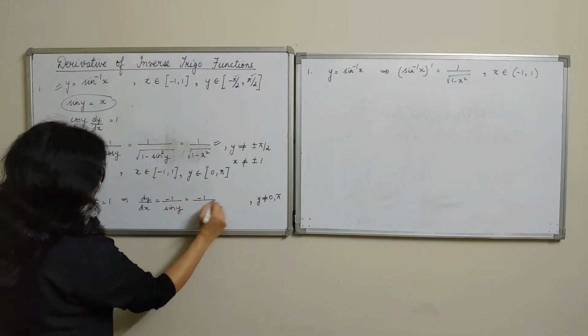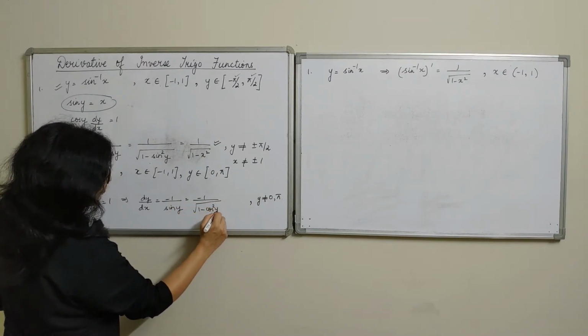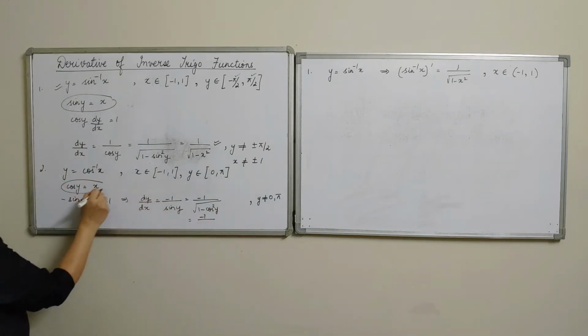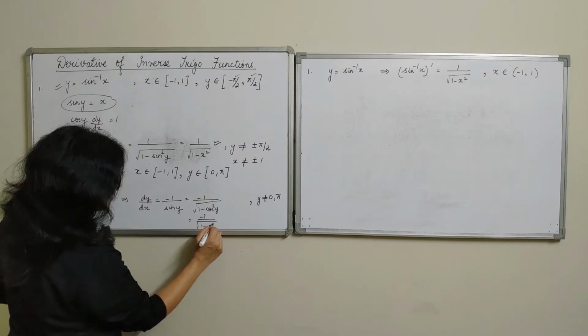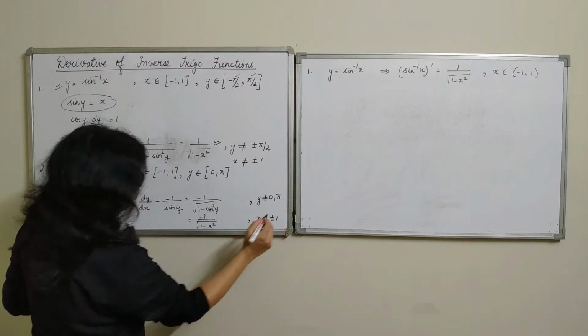Then moving to the next step, sine y can be written as under root of 1 minus cos square y, and we know cos y is x, so we are getting the result minus 1 upon under root 1 minus x square. Here we know x cannot be equal to plus minus 1.